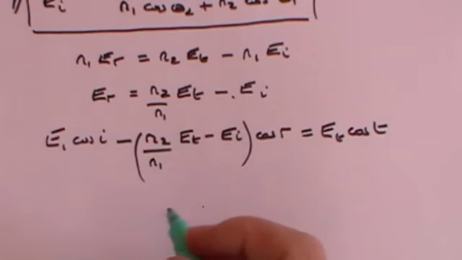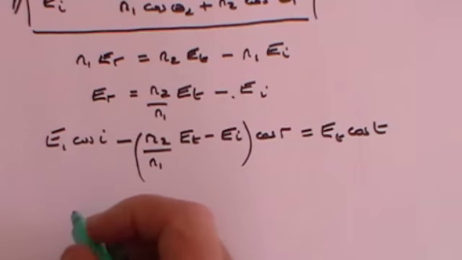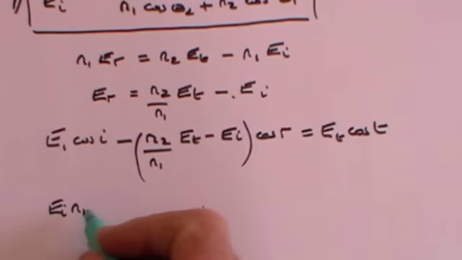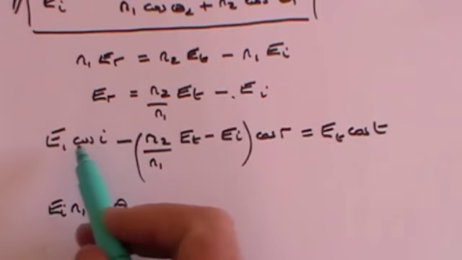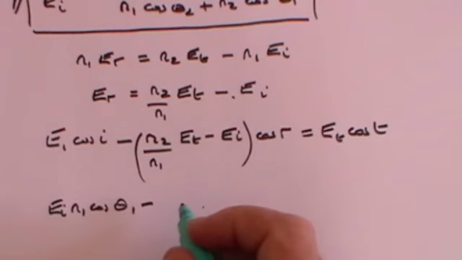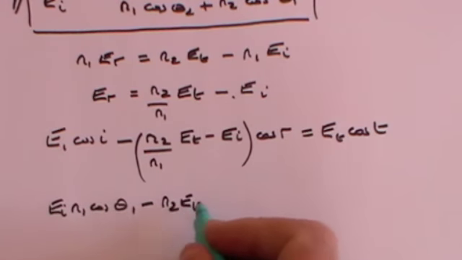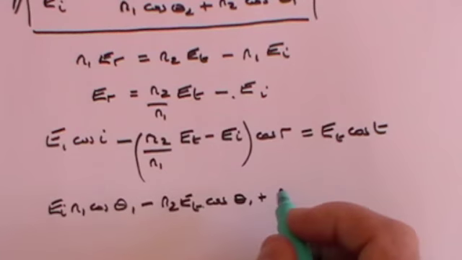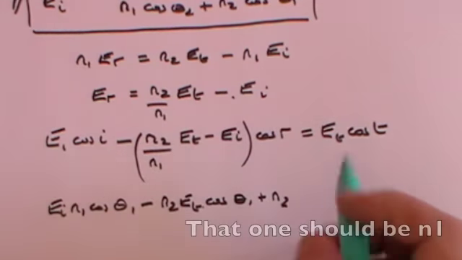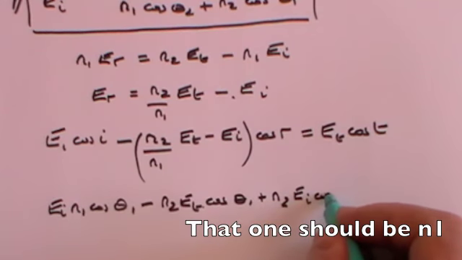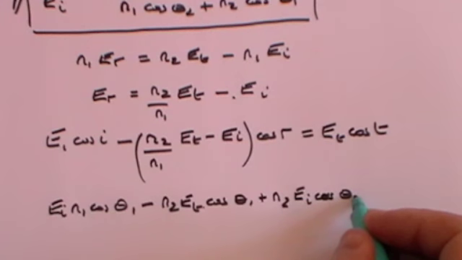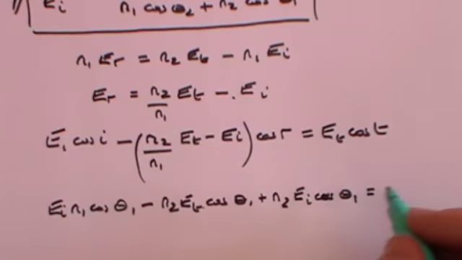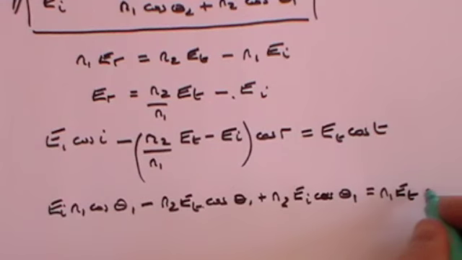So let's see if we can get that right. We're multiplying through, so we're going to get that EI N1 times cos theta 1 equals, minus N2 ET times cos theta 1, minus times minus is plus N2, that's right, times EI cosine theta 1 equals ET, well, we're multiplying through by N1, so it's N1 ET cos theta 2.